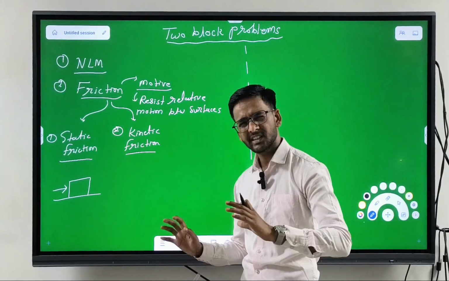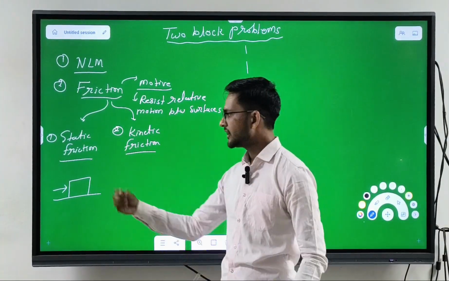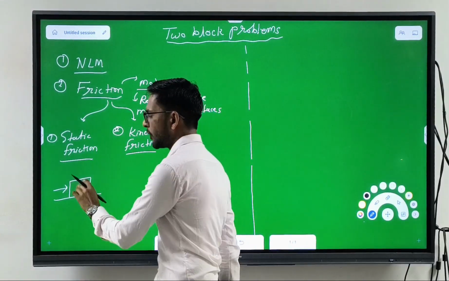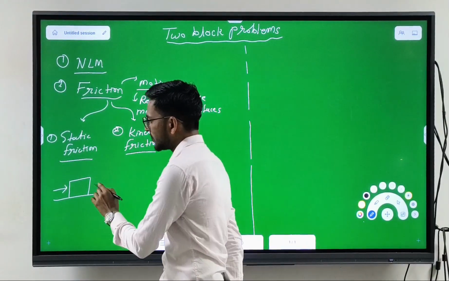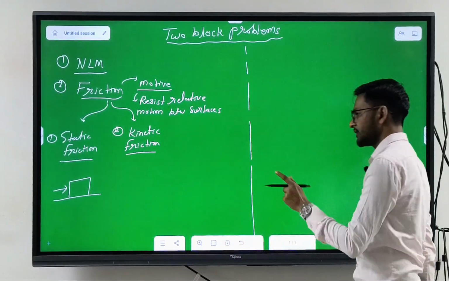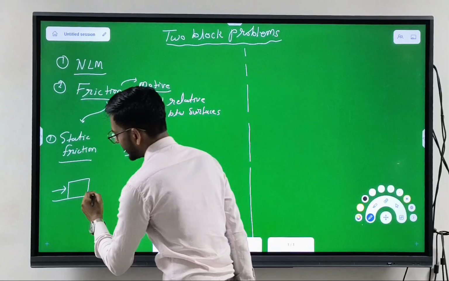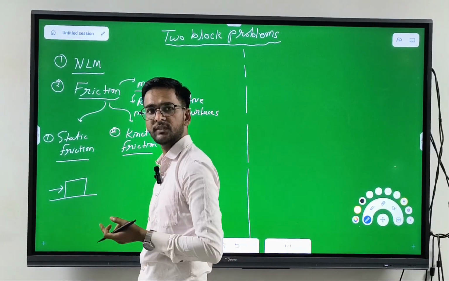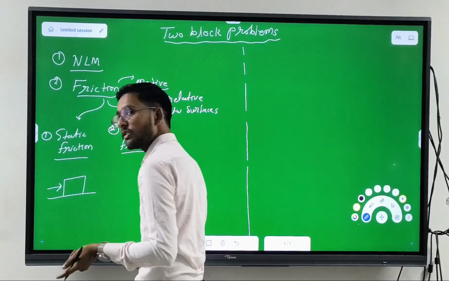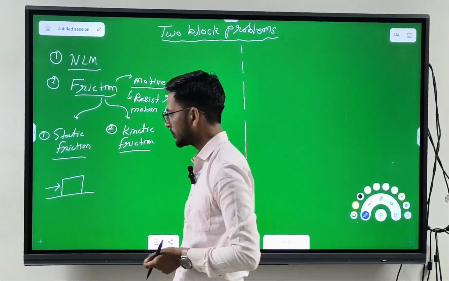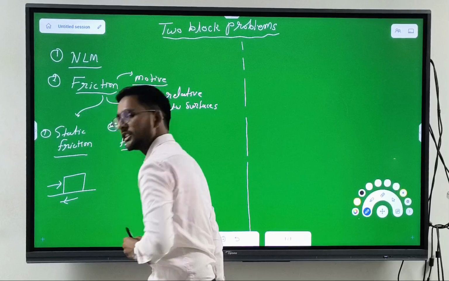We have to push it more, then the block starts moving on the surface. So while the block is not moving yet, the friction acting between the surfaces is called static friction. What is the direction of the static friction here? The direction of the static friction will be opposite to the external force, so in the left direction.